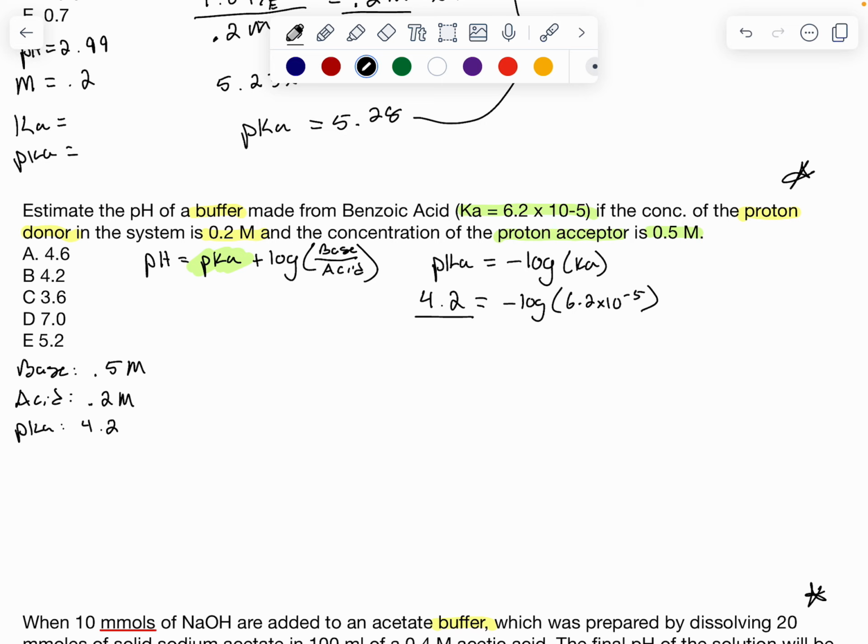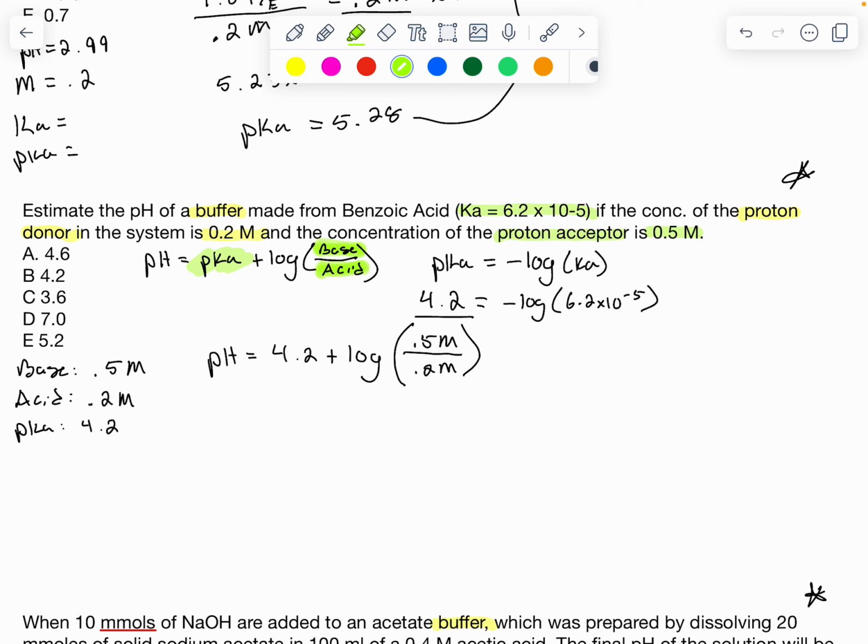So let's plug some of these variables in. pH is equal to 4.2 plus the log of base over acid, so 0.5 molar over 0.2 molar. Would you look at that? So now we'll just do some calculations. And again, what I really want you guys to hammer on is memorizing that it's always base over acid.